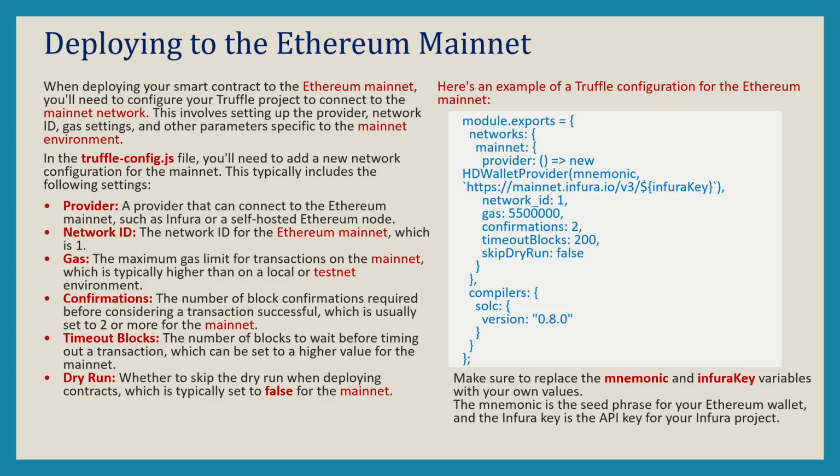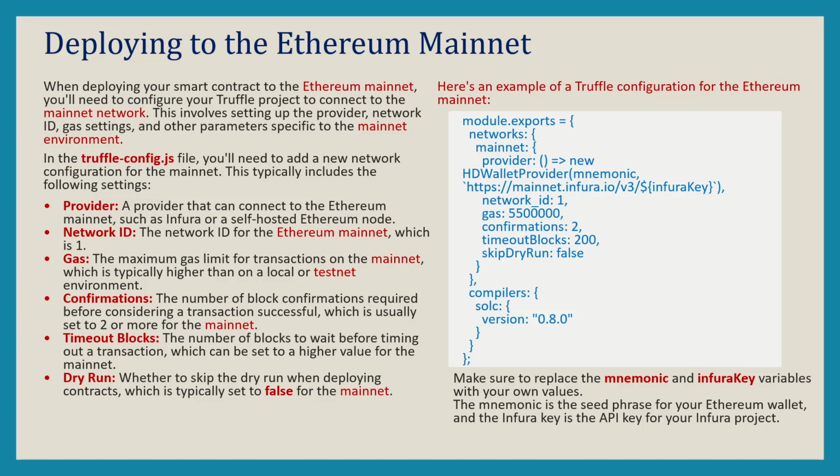This involves setting up the provider, network ID, gas settings, and other parameters specific to the mainnet environment, exactly what we did for testnet. In the truffle-config.js file, you need to add a new network configuration for the mainnet. This typically includes the following settings.